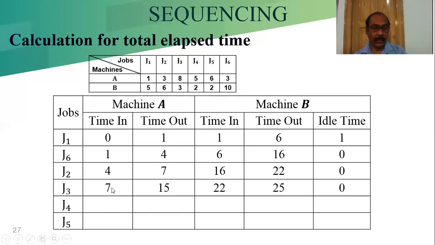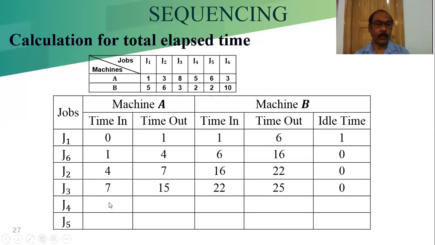So up to that point, the total elapsed time to complete J1, J6, J2 and J3 is 25 hours; we need 25 hours to complete these 4 jobs.